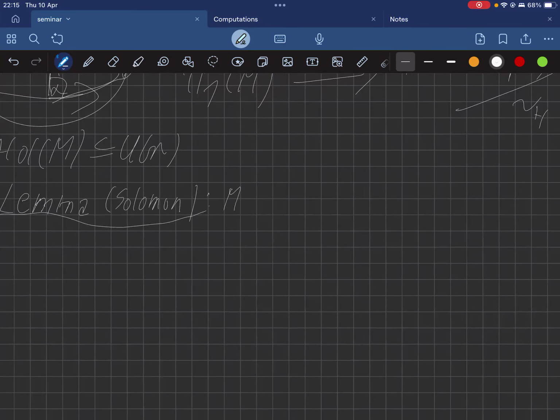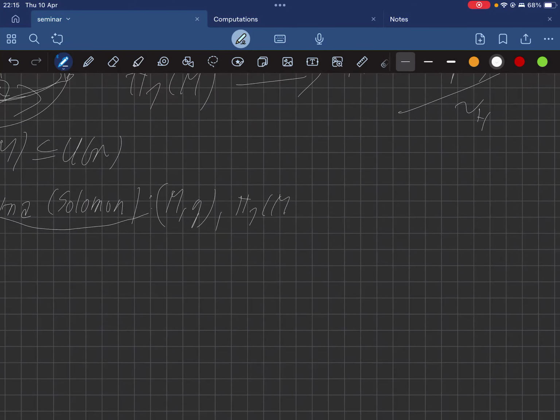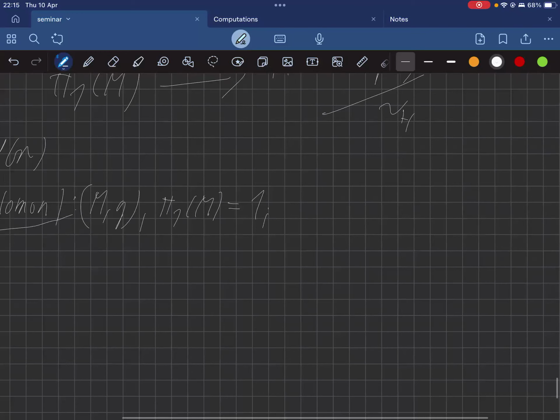Given a Riemannian manifold that's simply connected, you can always assume that because you just pass to the universal cover, and also irreducible. By that I mean the holonomy does not split as a product of two groups. Again, if it is equal to a product of two groups, you can apply the de Rham decomposition theorem and get that the manifold is actually a product, and then you can reduce to the irreducible components.